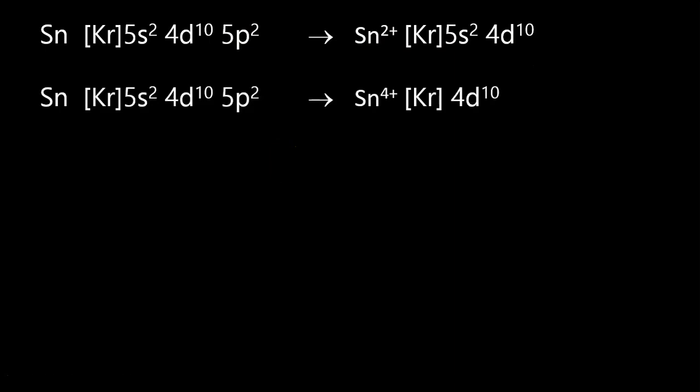The other one is the tin 4+, and with that one, remember when we're way out there at the 5s, 4d, 5p, those orbitals are very, very close to each other, and so in this case, leaving that 4d full is more of a stable configuration, and it's easier to pull out the two 5s electrons along with the 5p electrons, and then we get our krypton 4d10 configuration for the tin 4+.